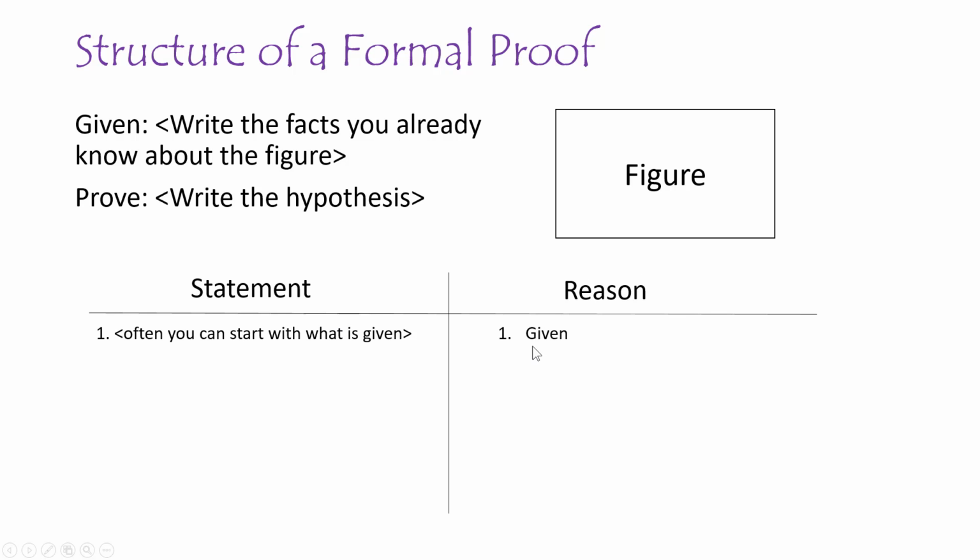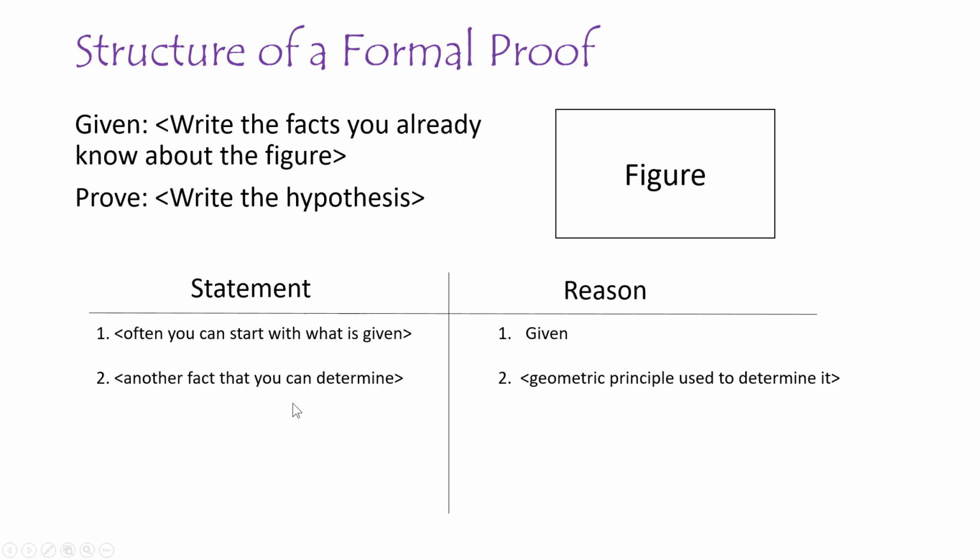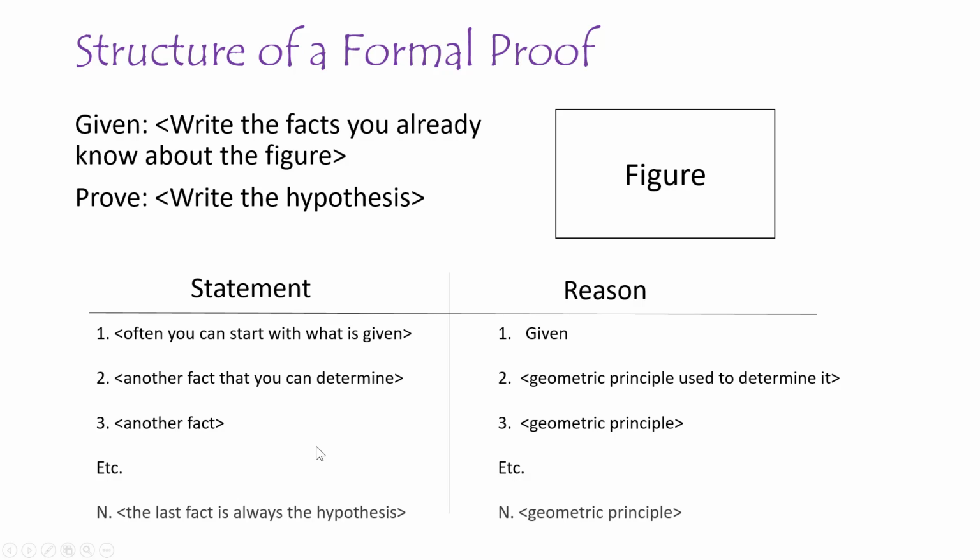And usually you start with what's given, and then you determine another fact from what's given, and you have to state the geometric principle you use to determine it. And then you state another fact, and you state the geometric principle you use to determine it. And then the last fact is always the hypothesis, and of course you need the geometric principle for that last step. So that's what a formal proof looks like.